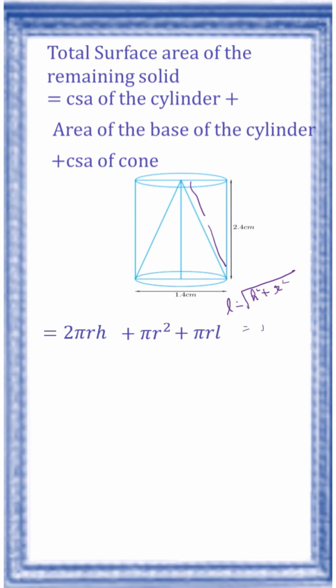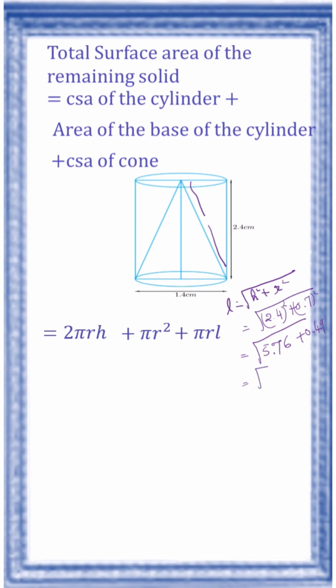Here h is 2.4 square plus radius is 0.7 square. 2.4 square, what is it? 4 4s are 16, 2 4s are 8, 16, 17, 5.76. 0.7 square is 0.49.